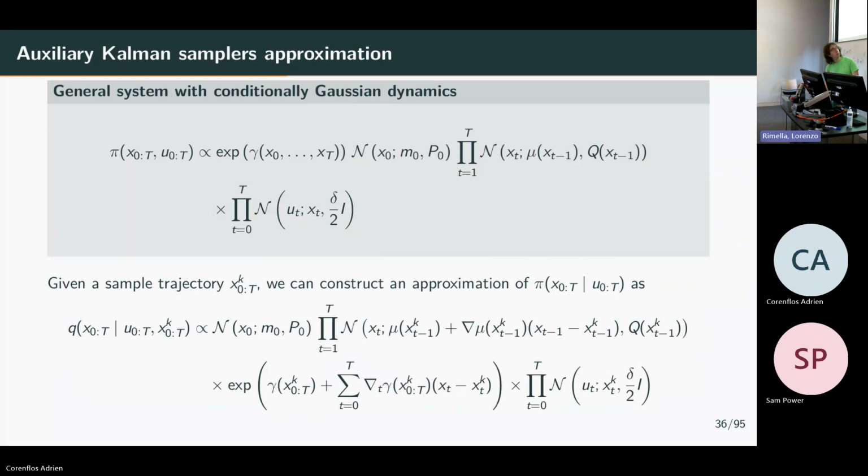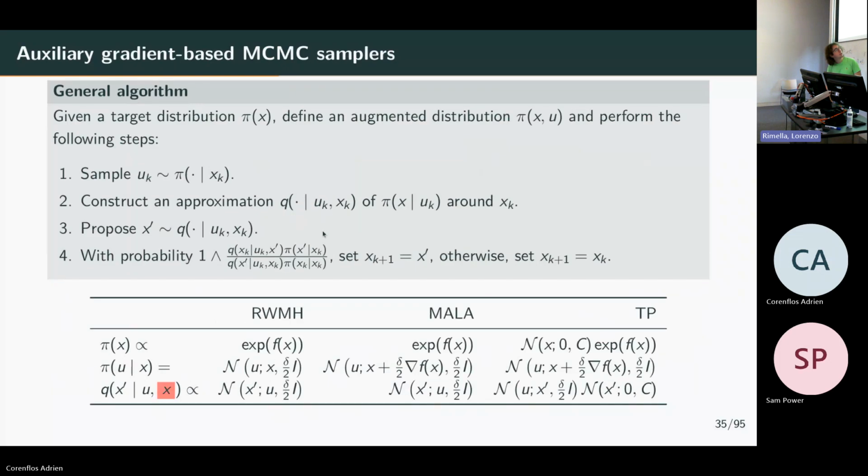Right. So something that I did allude to, but I don't want to get into it too much. Here I've augmented the distribution with that Gaussian UX, but as I was saying, I could have augmented it with the gradient information, and in that case, the proposal would not have depended on my current trajectory.